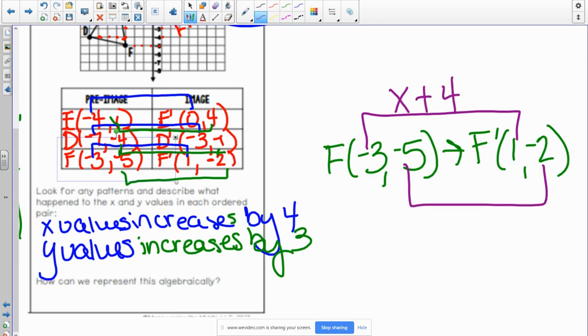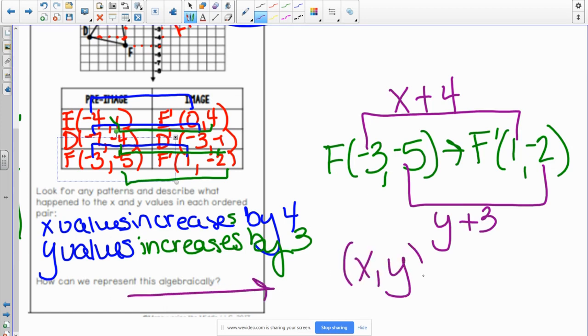And down here, if you're at -5, you're going to add -4, -3, -2. That's adding 3. So our algebra expression starts with our xy. That just means every point starts at xy, and then every point moves the value of x, adds 4, and the value of y adds 3.